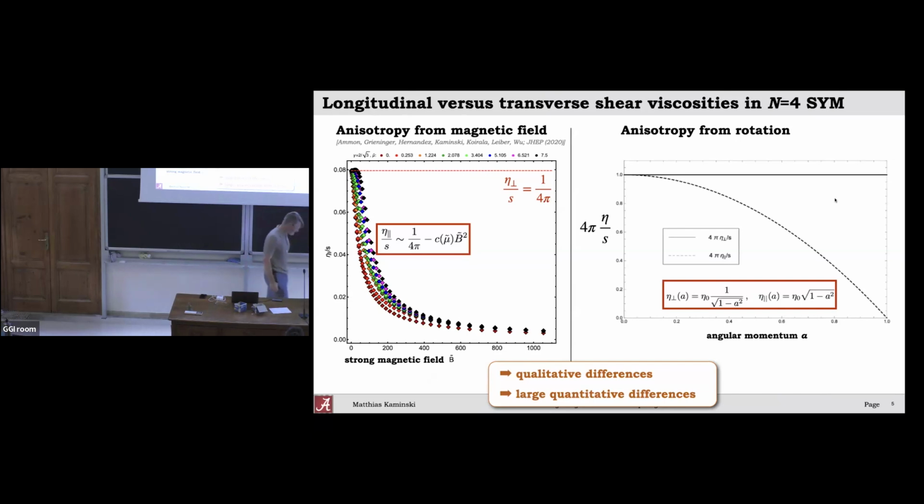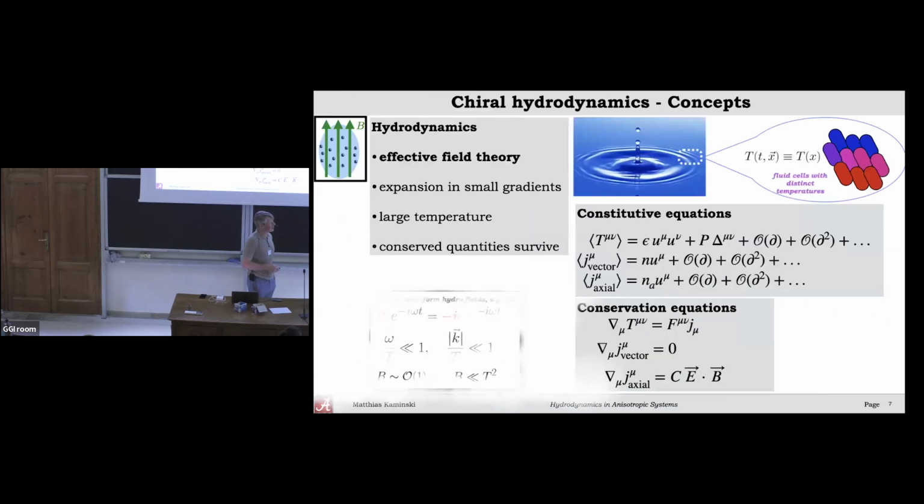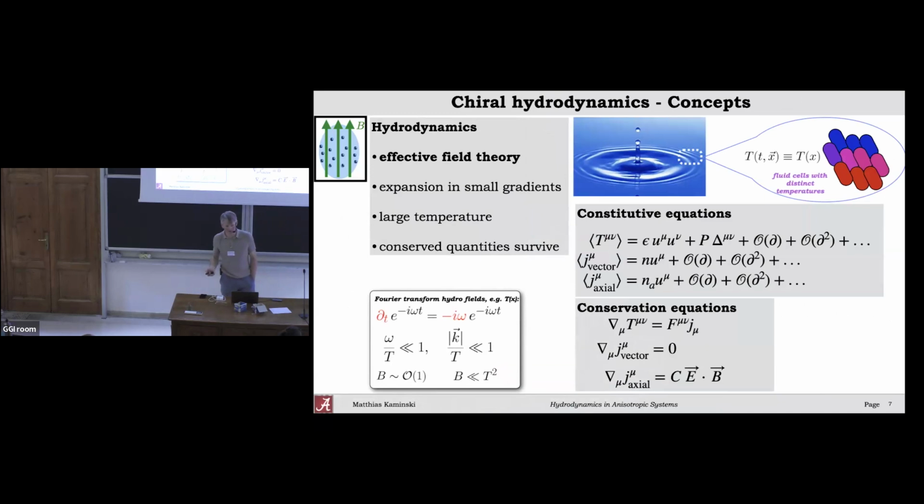Well, it's not, right? B is order 1, it's not derivative order, just like the temperature is not derivative order. It labels thermodynamic states. As such, it's not suppressed in any way.